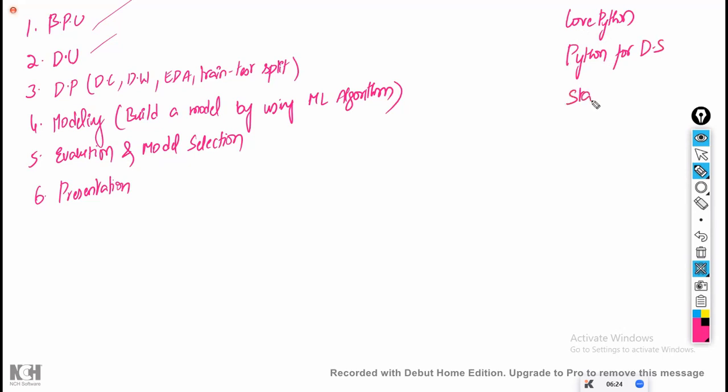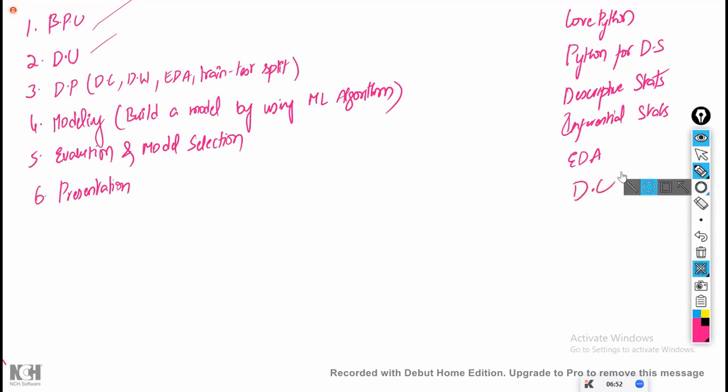Followed by that, we did statistics, first descriptive statistics, followed by inferential statistics, then EDA, where using Seaborn we did EDA by plotting multiple plots. Next, we did data cleaning, where we treated missing values and outliers, followed by data wrangling.